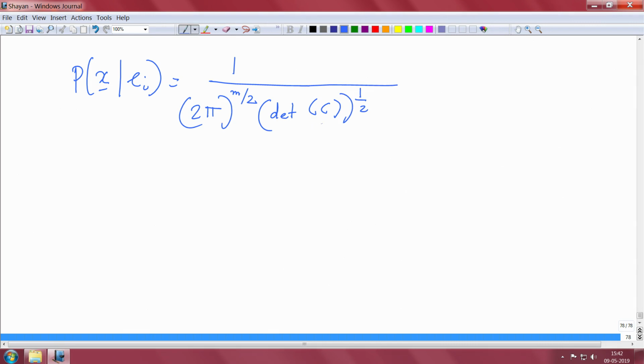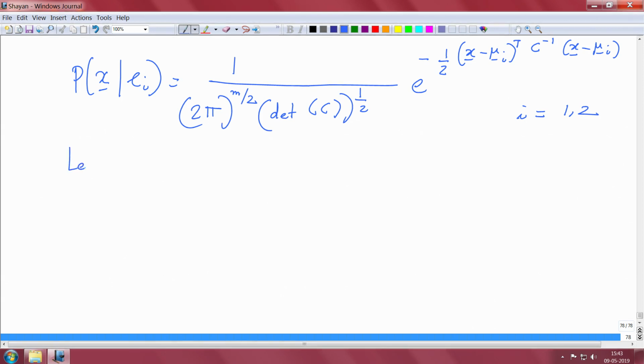That is the reason why we assumed non-singularity. So, it is e power minus 1 half x minus mu i transpose covariance inverse x minus mu i, and this holds for i equals 1 and 2.